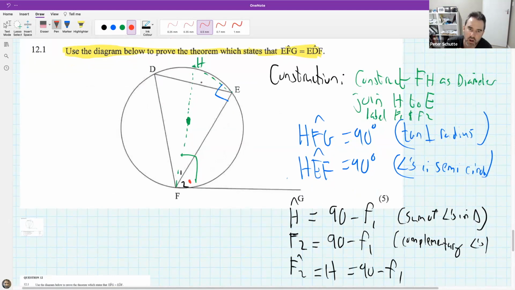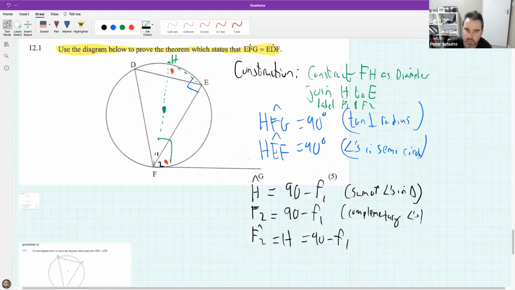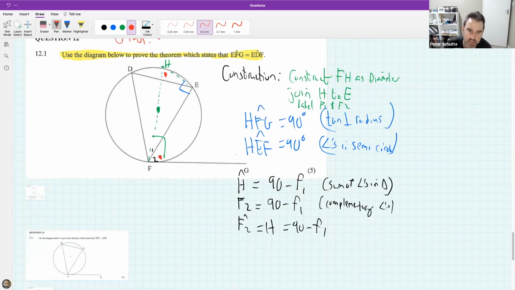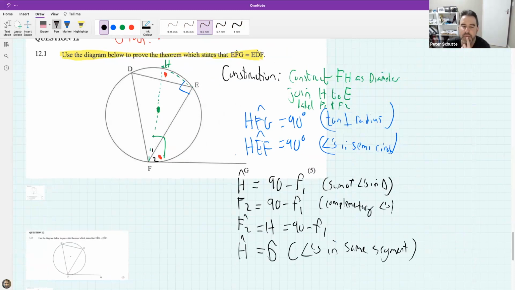So I want to suggest, so F2 is 90 minus F1, and we know that this one is equal to that one over there. What's my last step going to be in the proof? So we've proved that this one over here is equal to that one there. We now need to say that H is equal to D, and that is going to be angles in same segment.